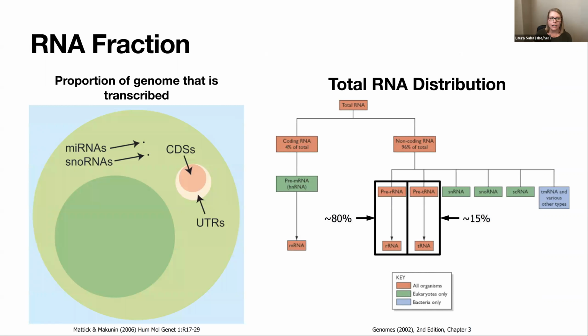So, RNA fraction. I tried to look for updated numbers. This is a little old, and they came from a few older publications. But when I look this up, there's a lot of controversy on what exactly is being transcribed from the genome, how much of that is useful and biologically meaningful, and how that differs from tissue to tissue or sample to sample, depending on developmental stage, environmental determinants, things like that.